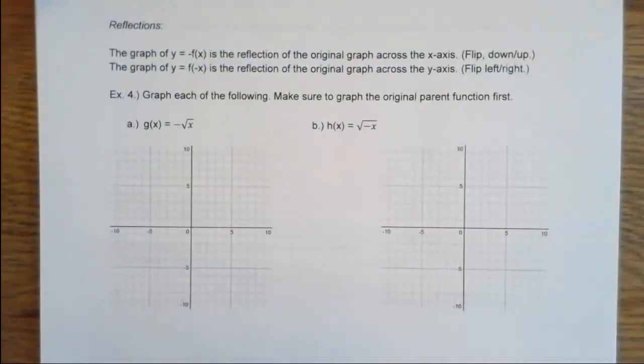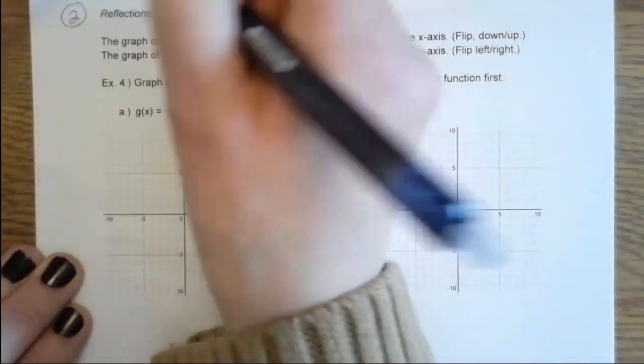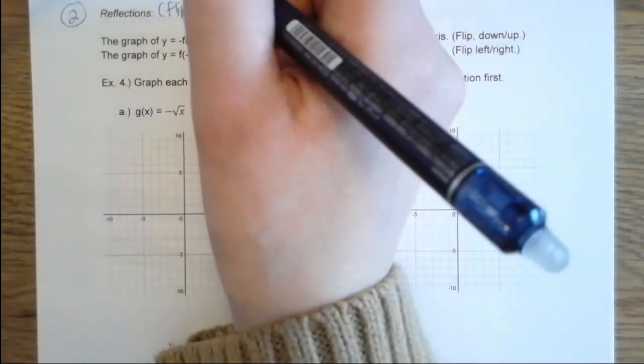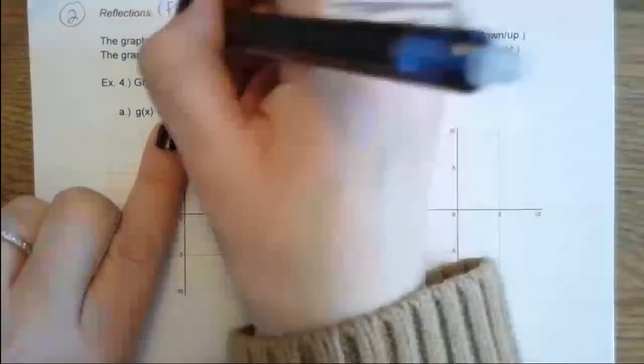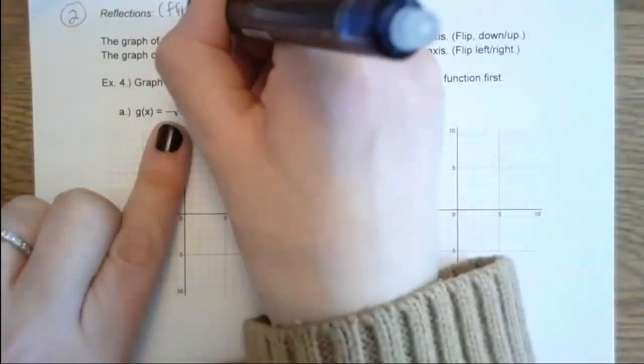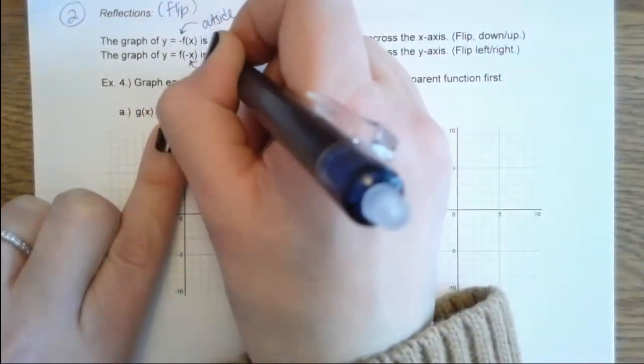All right, my next type of change here is called a reflection. And a reflection is basically just a flip. Notice again that we have 2 things. See how this is an outside change, whereas this one is on the inside.